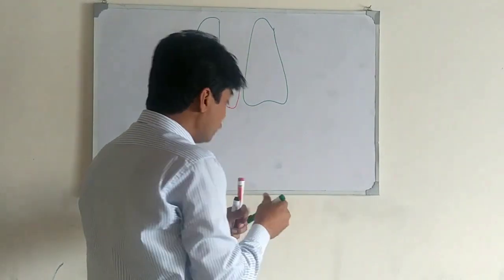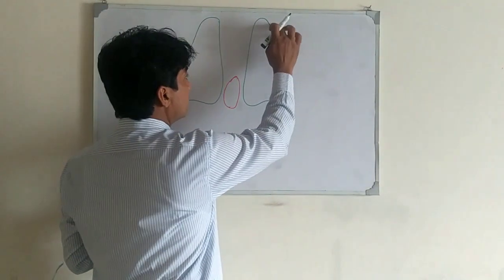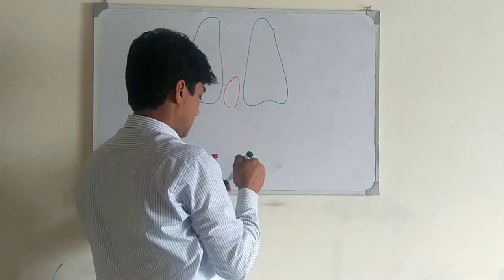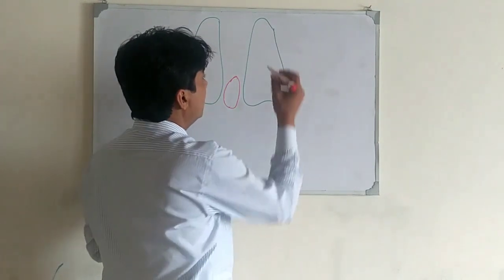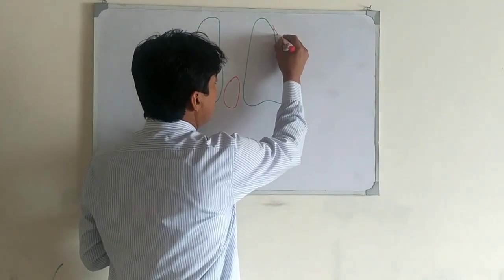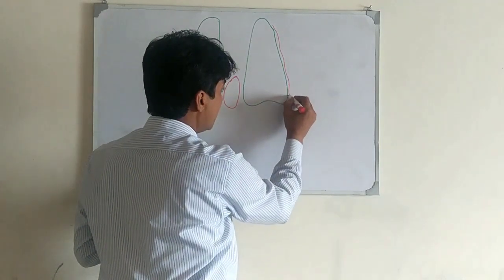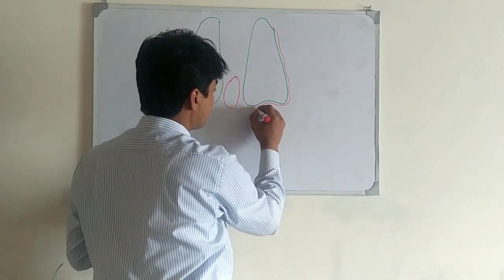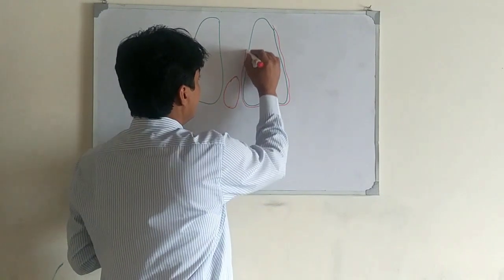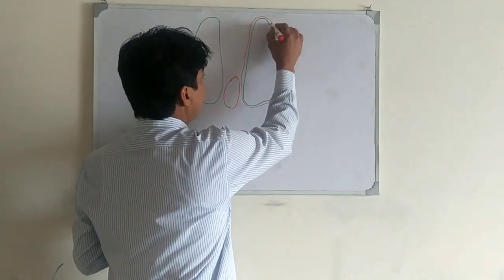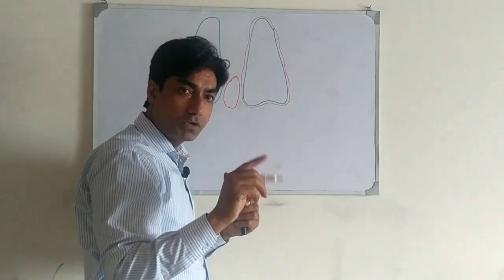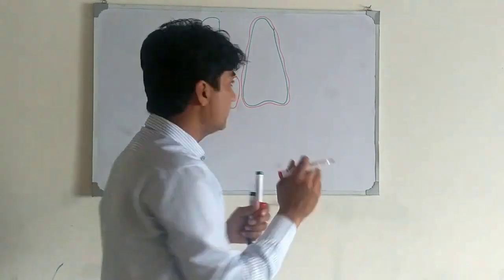There are two membranes covering the lungs. These layers are called pleural layers. Two pleural layers, one outer and one inner.